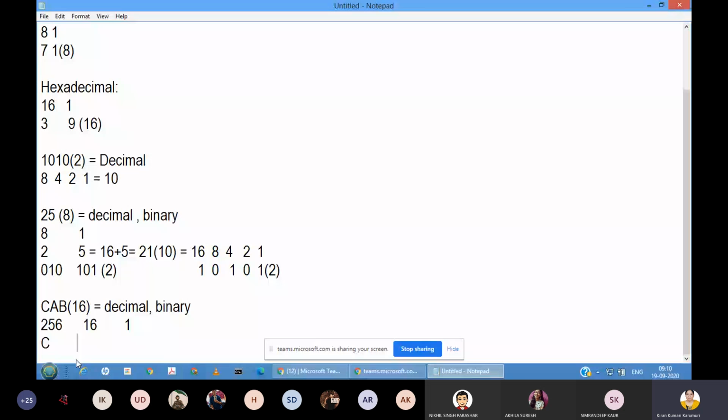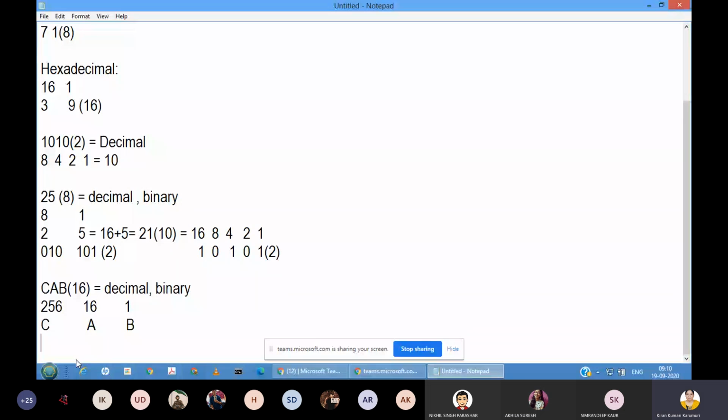A, and then under 1, what is the value? B. C मतलब what is the value? Numerical value equivalent. C is 12, A is 10, B is 11.